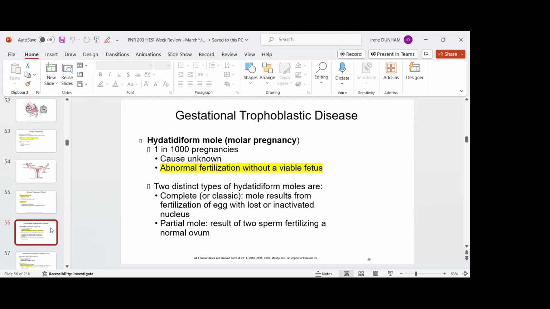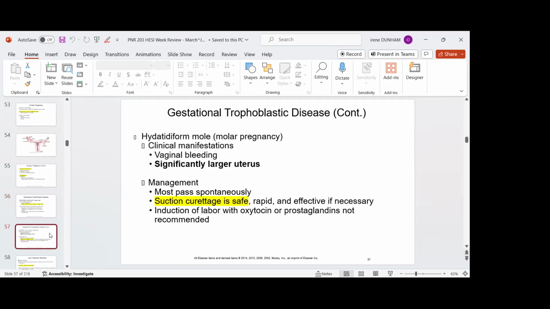HCG levels go up, and it takes time for them to go back down to normal. So we have to watch her for a whole year to make sure that it goes back down. And she should know that later in life, when she gets older, she could come down with a uterine cancer. So unfortunately, it's very sad for somebody who's trying to get pregnant.